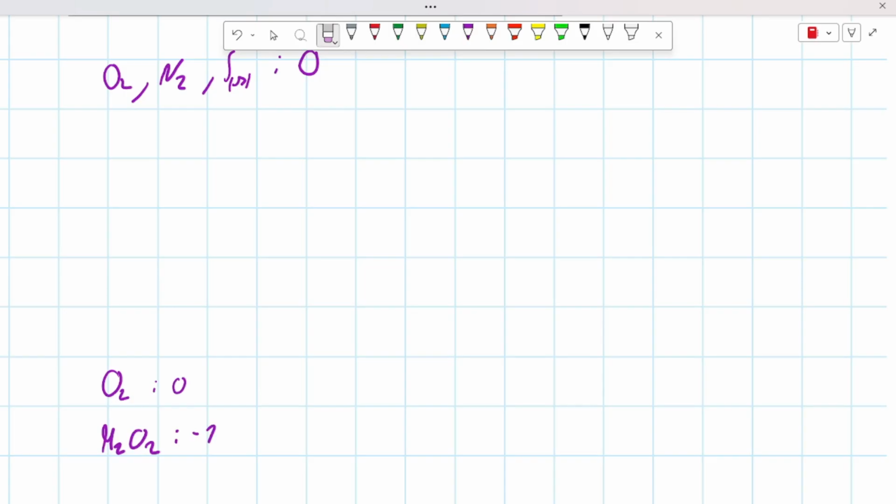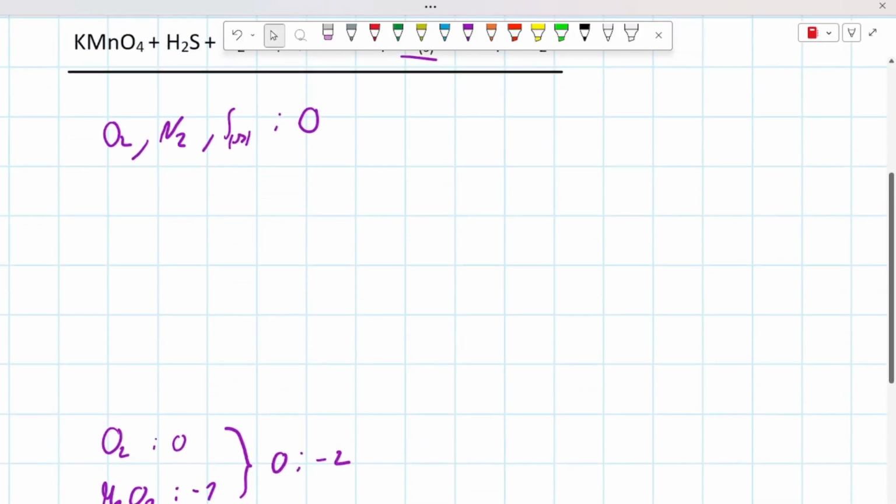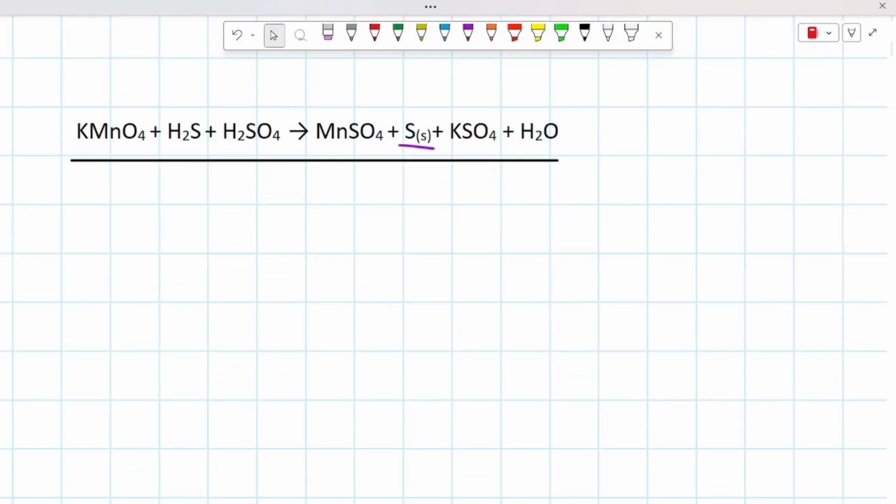But for the most part, we will remember that oxygen is -2. The same thing goes for hydrogen. It's almost always +1, except in its H2, so dihydrogen form, where it's 0, because of the first rule we saw over here.